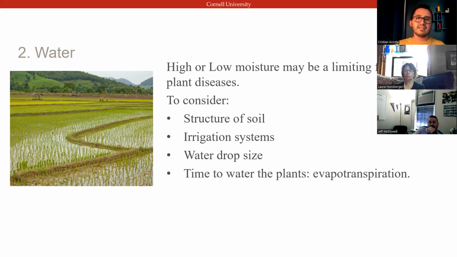For example, in my case, since I was a child, my grandma, who had a huge garden, used to tell me never water the plants when it's hot, when it's sunny, and only water the plants in the early morning or in the afternoon, after the sunset. What do you think? Is this correct or not? When is the perfect time to water the plants?